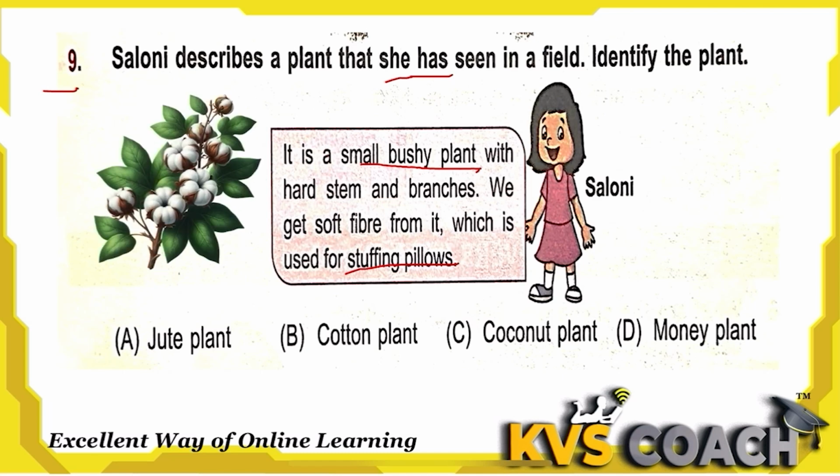So the plant would be like this. This is a small plant. It has a stem and branches, and we get soft fiber from cotton. We also fill cotton in the stuffing of pillows. So it means this is a cotton plant. Option B is the right answer.